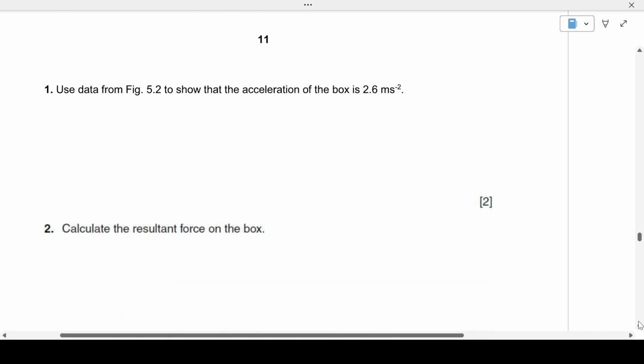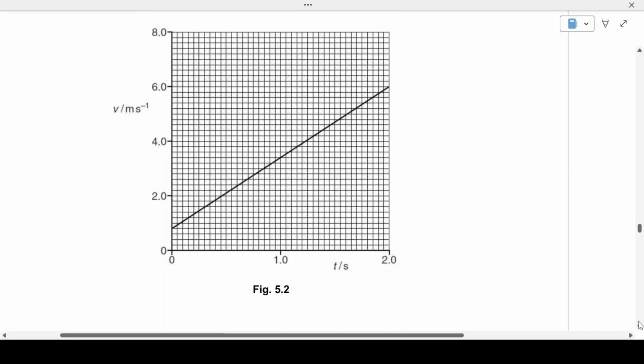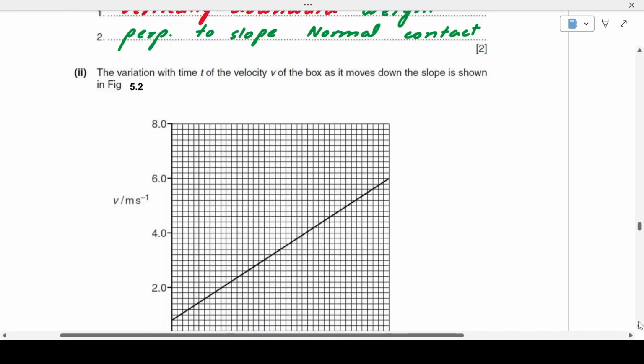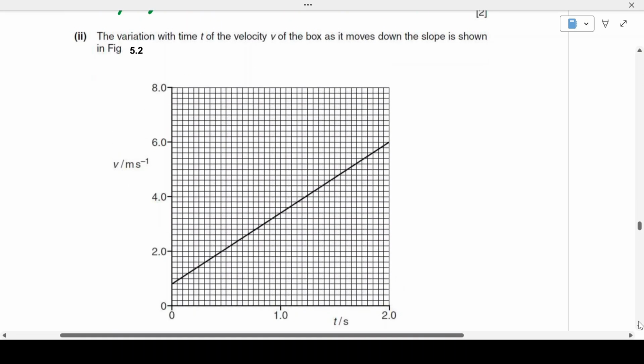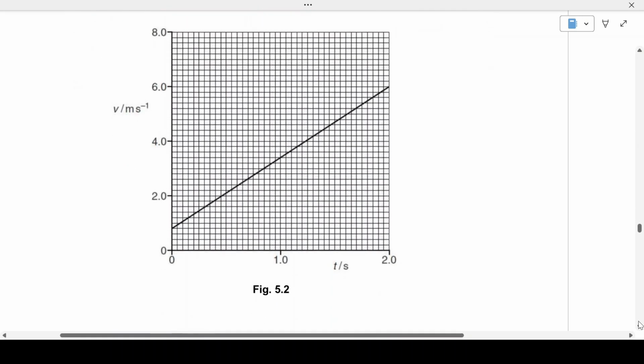Use data from figure 5.2 to show the acceleration of the box is 2.6 meters per second squared. Okay, so we need to find the acceleration, and it has uniform acceleration because the graph is a straight line. So we can find the acceleration.